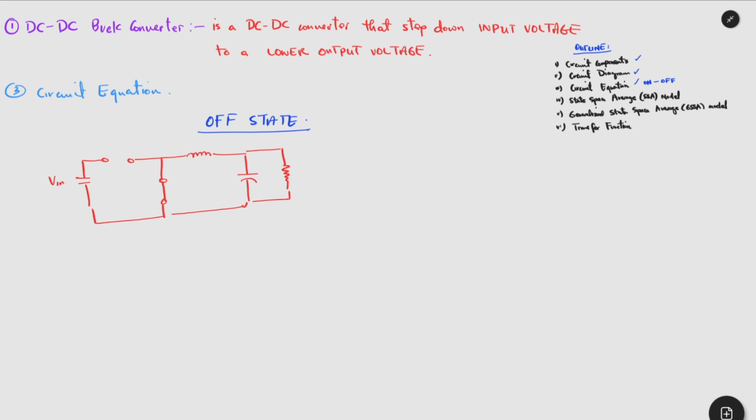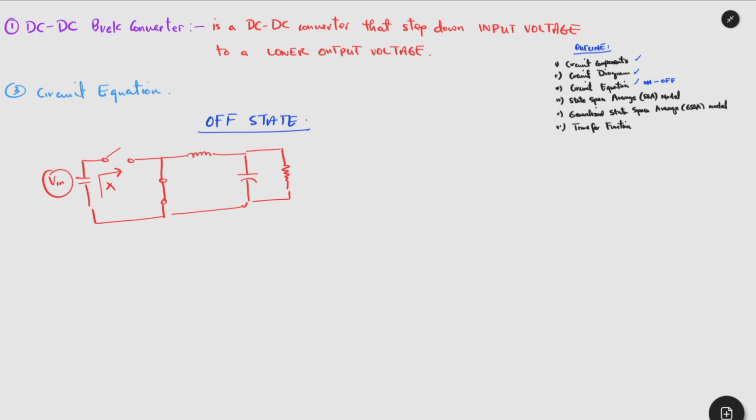So in this type of circuit, the switch is off in that case. So no current will flow in this direction from the V in. The only current that will flow inside the circuit is the energy that is stored inside the capacitor.